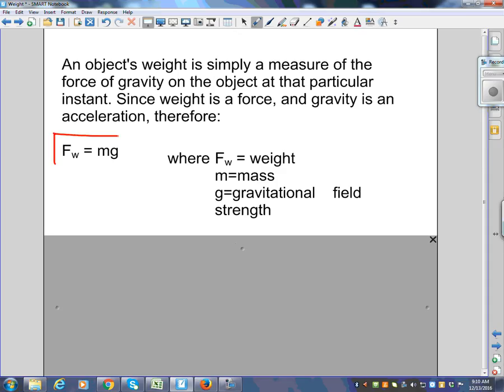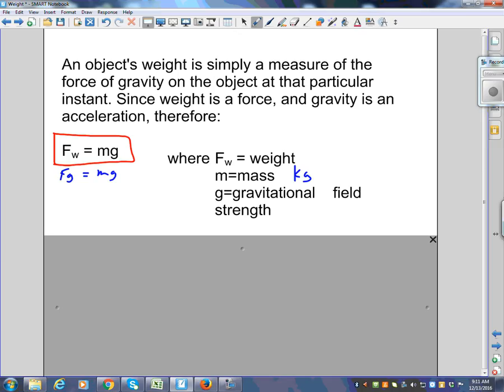The weight force, Fw, some places call it Fg, for force of gravity, is equal to mg, where Fw is the weight, m is the mass in kilograms, and g is the gravitational field strength wherever you happen to be.